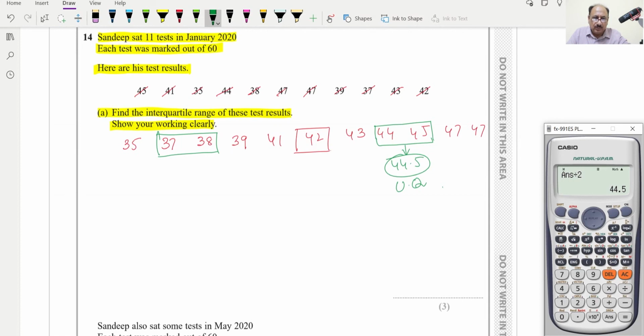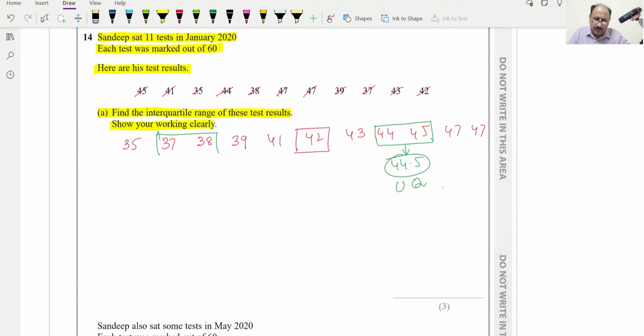Wait, sorry. The quartile will be the middle value. So the middle value will be, to this side gone, to this side, and the middle will be this one. Similarly, to this side gone, so the middle will be this one.